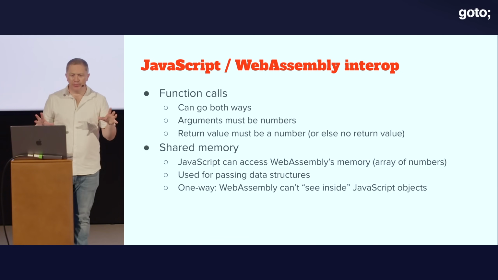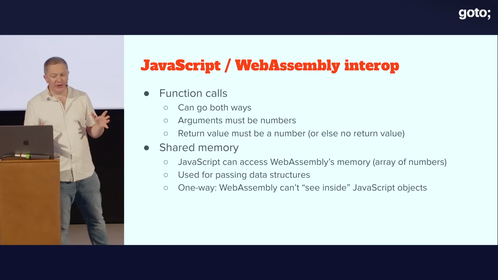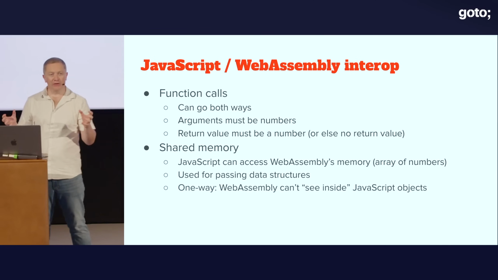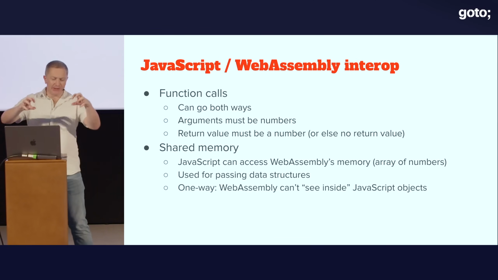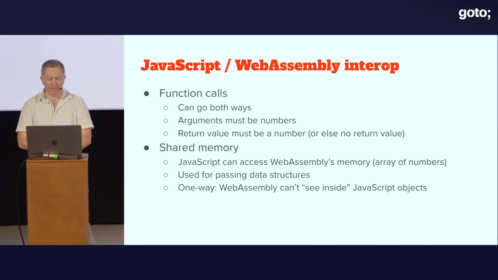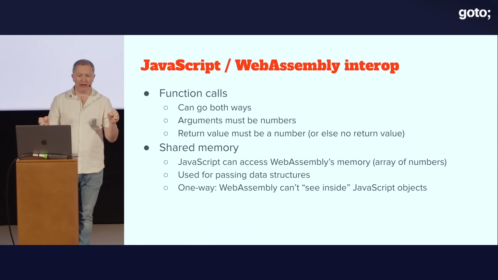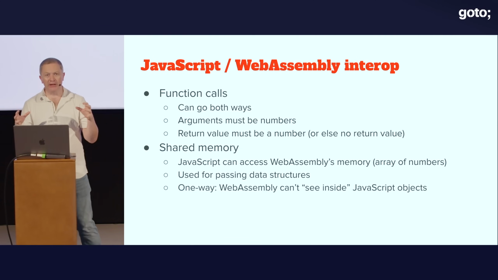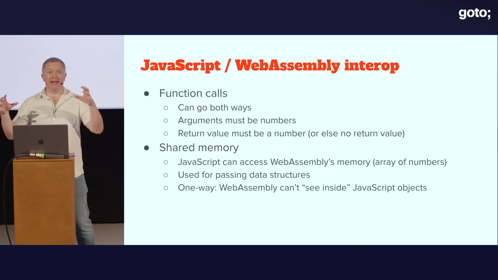And so to do interop, you can do function calls both ways, but the arguments have to be numbers, and the return value has to be a number if you have a return value. So this is, again, because it's this low-level interface between the two. There is some shared memory, though, between the two. The WebAssembly instance has a memory, and JavaScript can see that, and it can write into it.